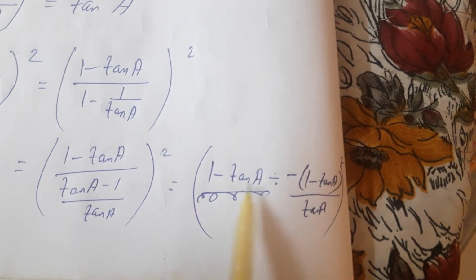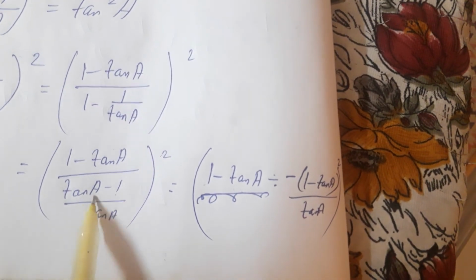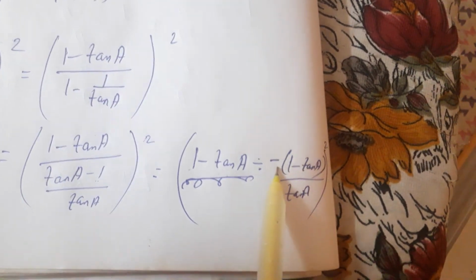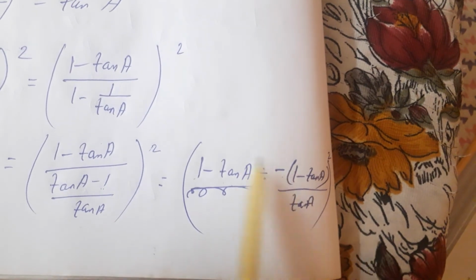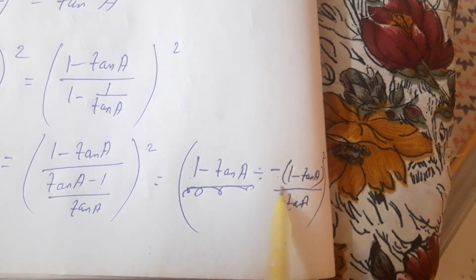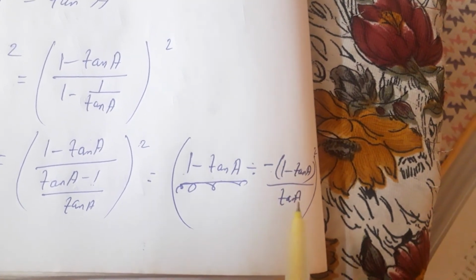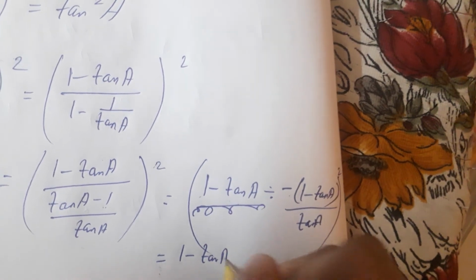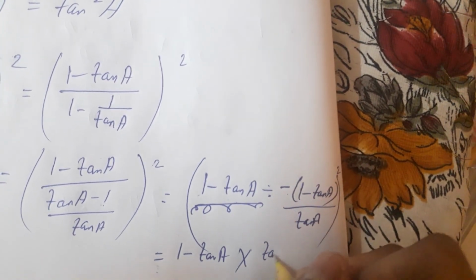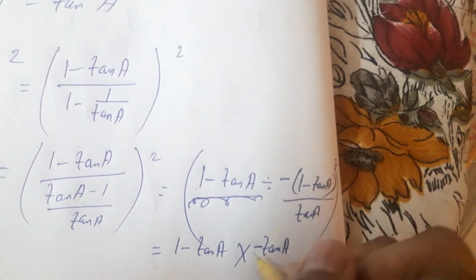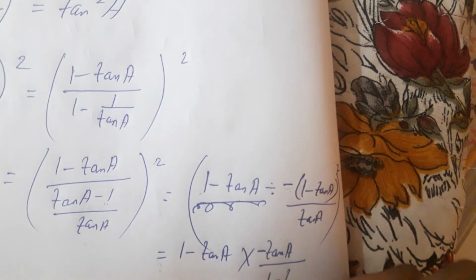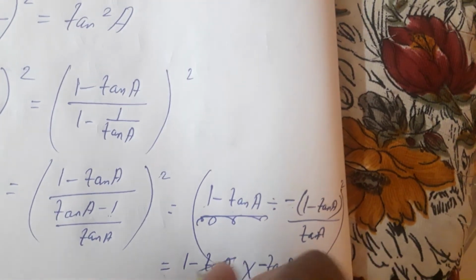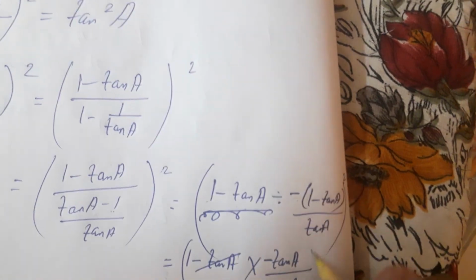Now see, this will be 1 minus tan A divided by, take the minus outside in common. You will get (1 minus tan A) divided by tan A, and whole square format. Now see here, this will be (1 minus tan A) into (minus tan A) divided by (1 minus tan A), and this will be cancelled out, and here whole square format.